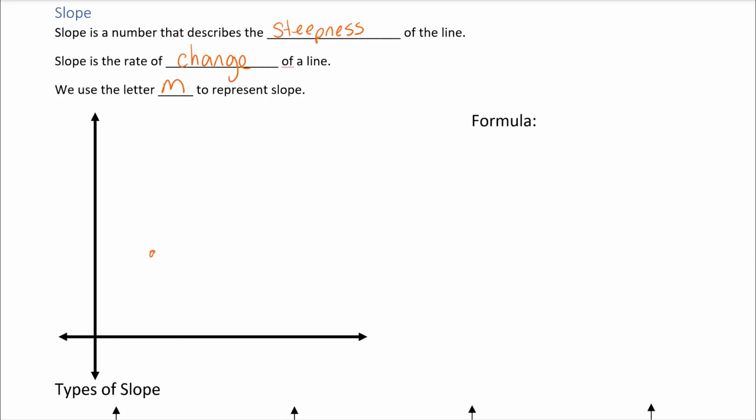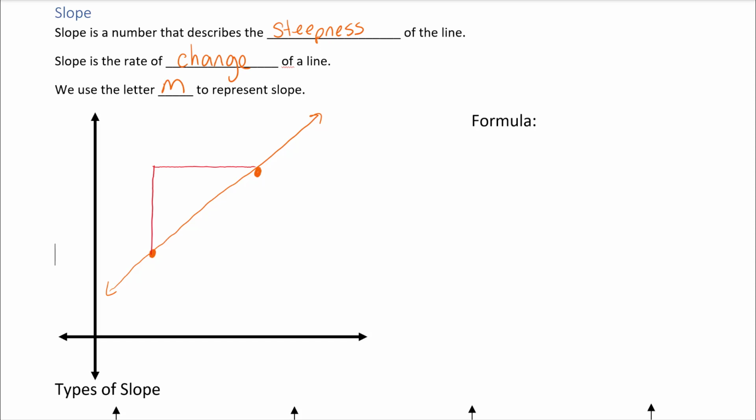So let's say I have 2 points on a coordinate grid and they're connected by a line. To describe in one number how steep the line is, we're going to take the distance that it changes in the y direction and the distance it changes in the x direction and make a ratio, or a fraction, out of that.